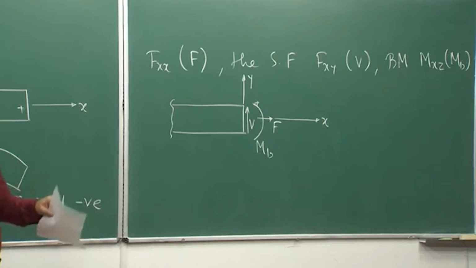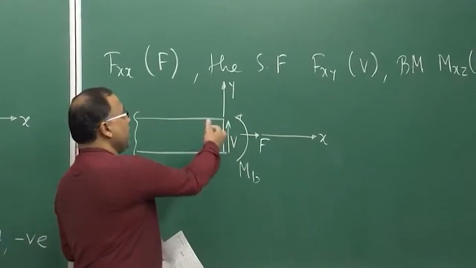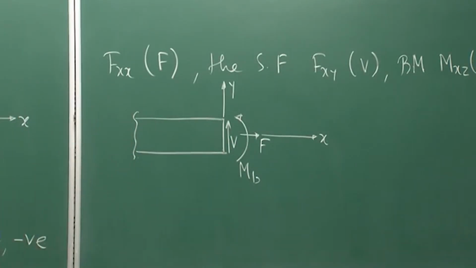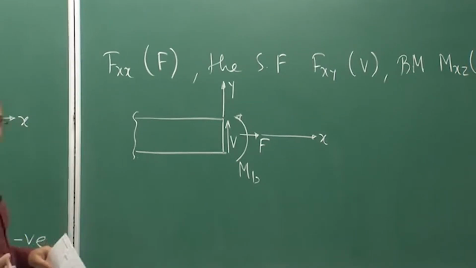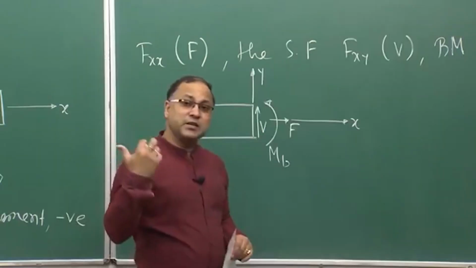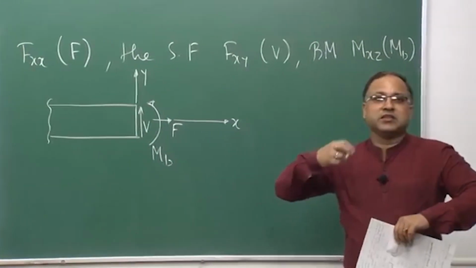So, if the loading is in the xy plane, then you will have only these three components: the axial force F, the bending moment MB, and the shear force V, that is all. You will not get another shear force or bending moment component, and of course the twisting moment is not there, because we are not giving this kind of loading.